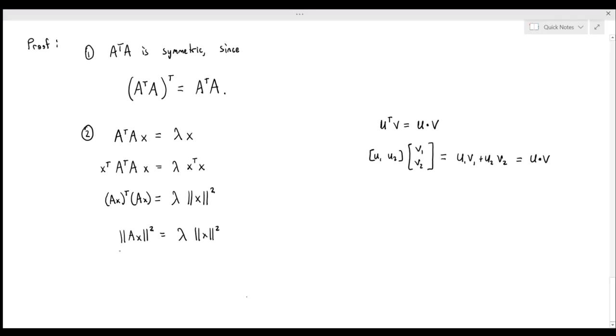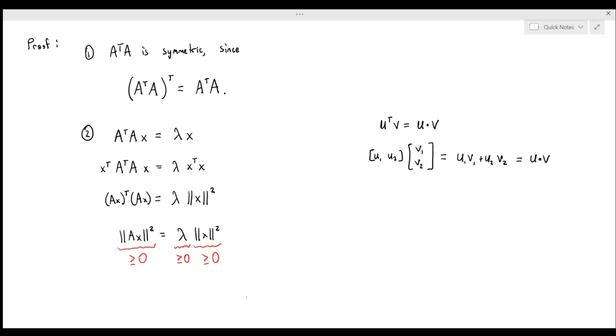So then, of course, when you have the length of a vector squared, that has to be greater than or equal to 0. So in order for the right-hand side to be greater than or equal to 0 to match the left-hand side, that means that your eigenvalue has to be greater than or equal to 0 as well, okay?